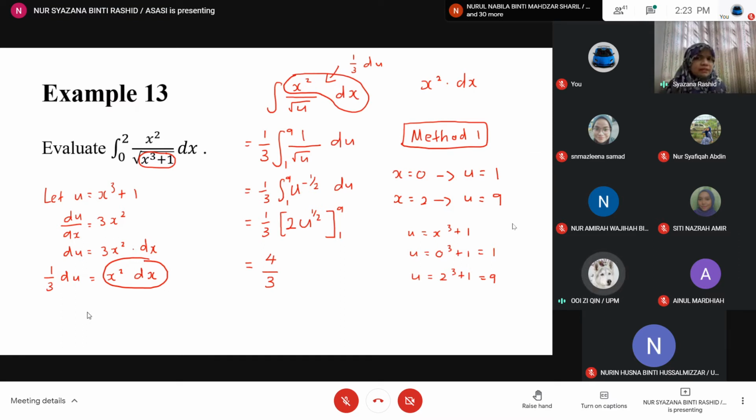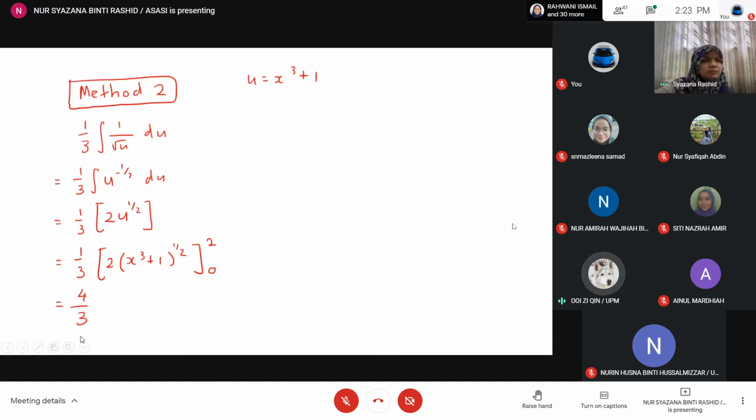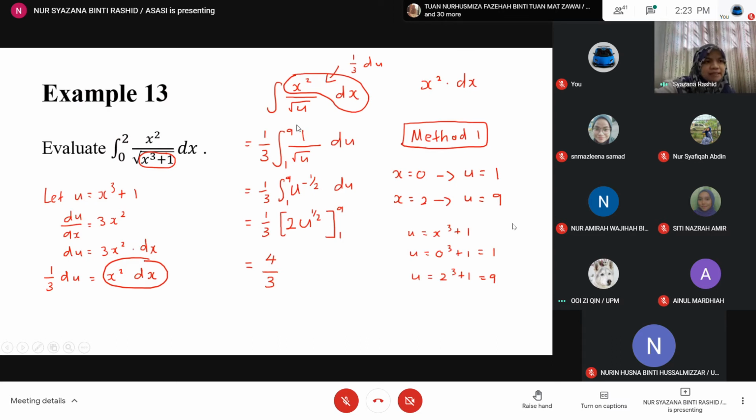Madam nak tanya. Yes. Kalau method 2 tu dekat akhir sekali baru tulis 2 dengan kosong tu je. Yang depan you tak tulis semua tu tak perlulah. Sebenarnya dekat sini pun kalau you nak skip yang ni, you just put here also.